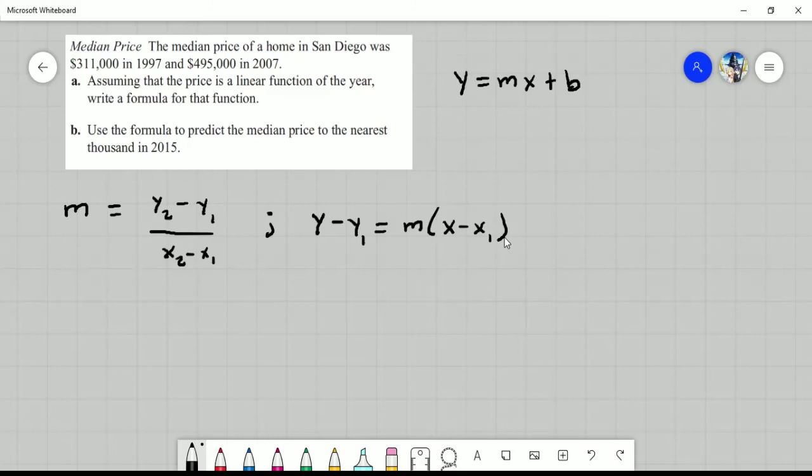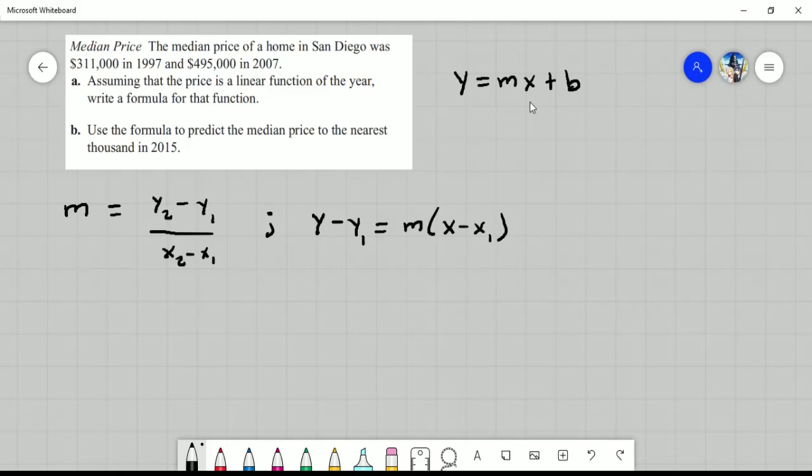So once you get all of that and you have it set up in the slope intercept form, which I have back up here, the y equals mx plus b, part A will have been solved. You would have solved for the formula of this assumingly linear function.